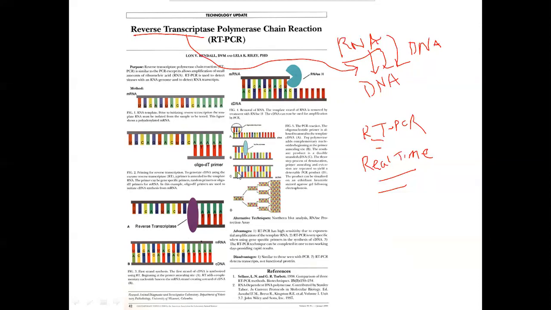So this is the first duplex DNA strand, double stranded DNA. When you proceed the PCR for 1 cycle, 2 cycles, 3 cycles, 2 to the power 1, 2 to the power 2, 2 to the power 3 copies of DNA are produced as per the normal PCR rule.